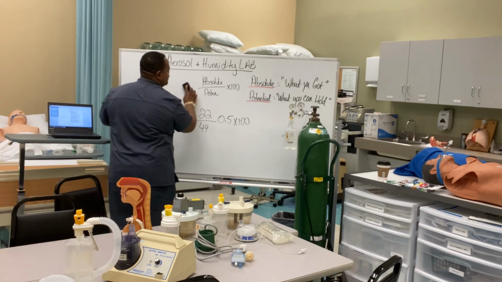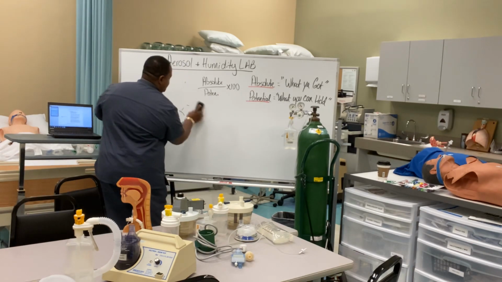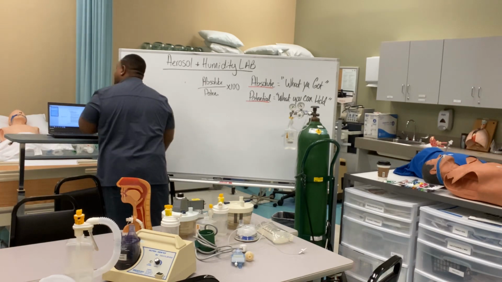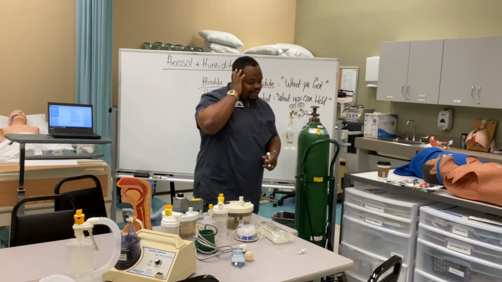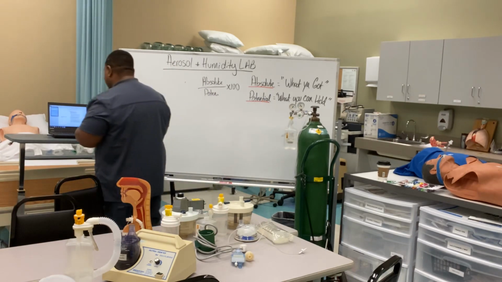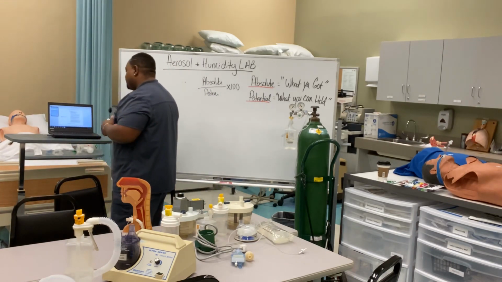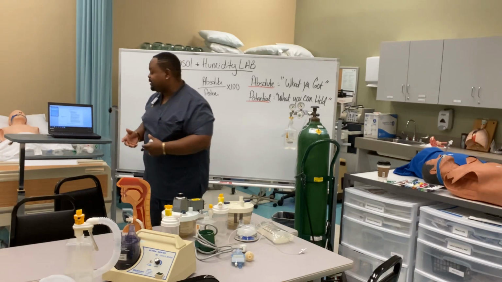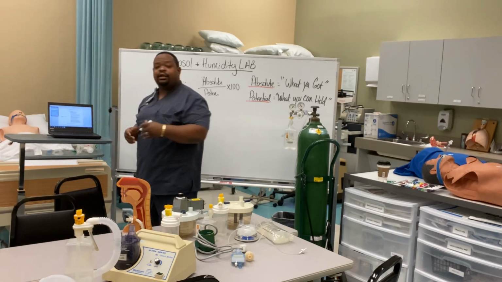Now, the concept you learned about whether the temperature will change the relative humidity or not. In your notes, it said if you have a device like a cascade, at 30 degrees Celsius it's putting out 100% relative humidity.